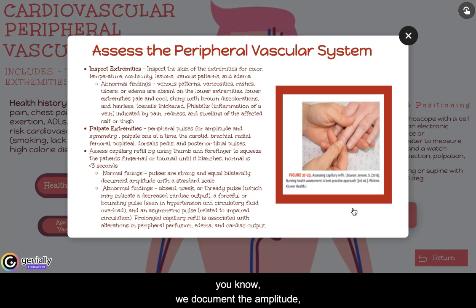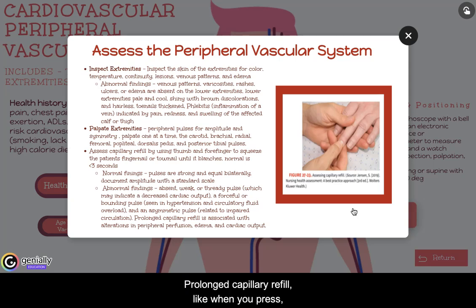We document the amplitude, strength of the pulse using standard scales that we discussed when we talked about vital signs. You document any abnormal findings. You have absent, weak, or thready pulses, which can indicate decreased cardiac output. Any forceful or bounding pulses that you see in patients with hypertension or fluid overload, or any asymmetric pulses, that means they're not equal bilaterally.